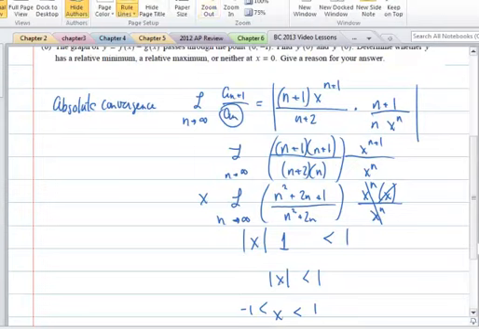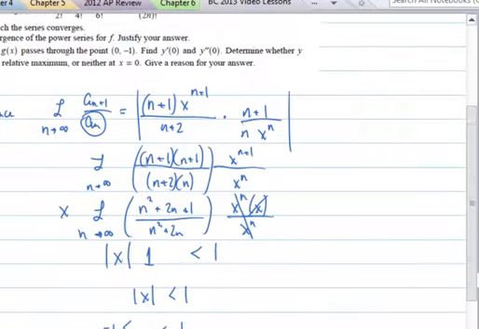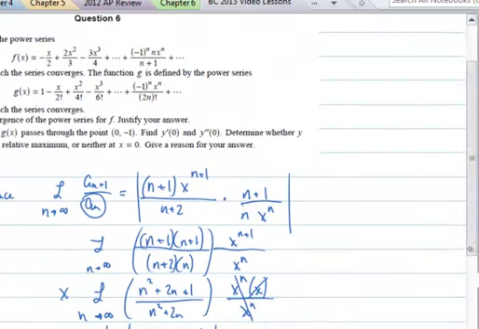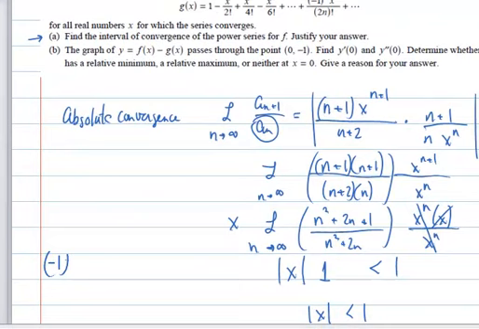Okay, so I'm going to zoom out a bit so I can see the general term again, because what I have to do now is plug the endpoints into this general term. So I'm going to write it over here: -1 to the n times x to the n over n plus 1.